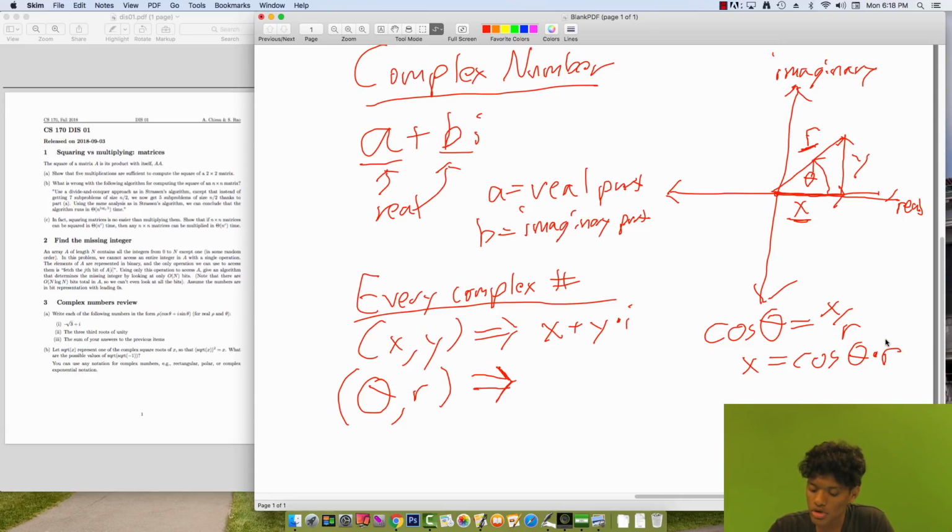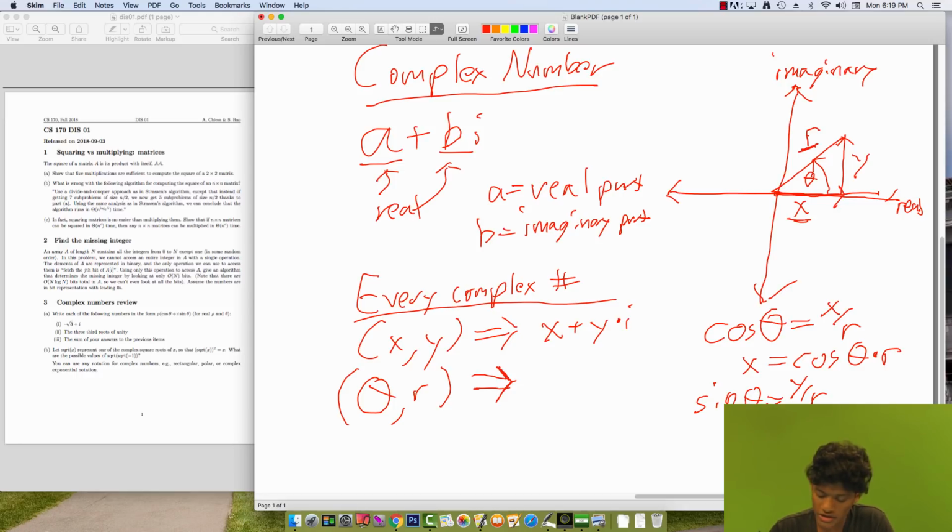Similarly, let's think about sine of theta. Sine of theta is equal to the side opposite of the angle divided by the hypotenuse, so y over r. This tells us that y equals r sine theta.